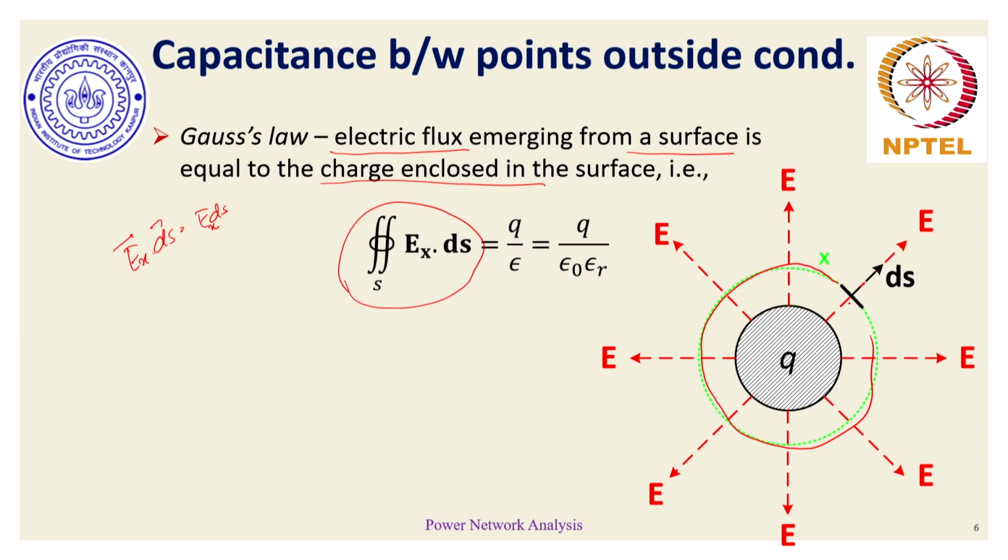So this surface integral can be simplified as the surface integral of Ex into ds. Ex is the same along any point I take on the cylindrical surface of radius x. So this can also be simplified as Ex with the integral of ds. Ex is a constant, it doesn't depend on the integral. So Ex can come out of it, and Q is the net charge which is present over here.